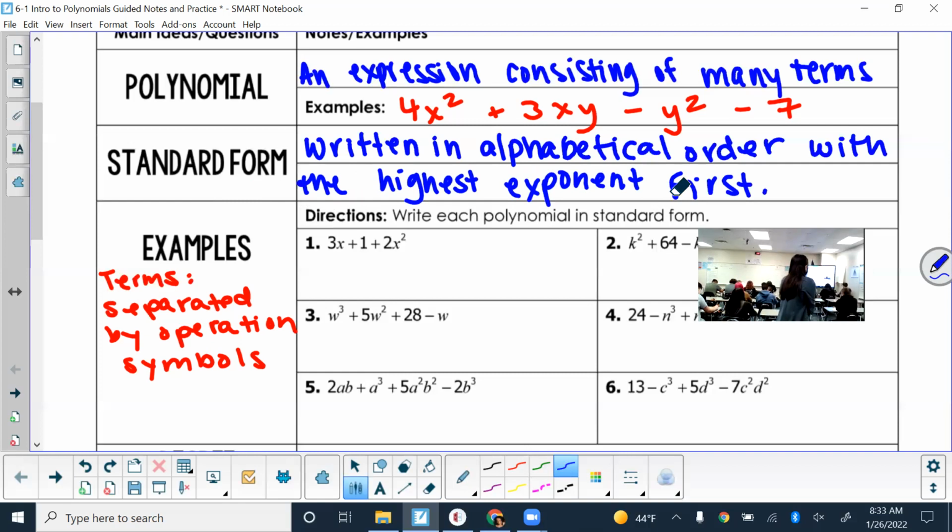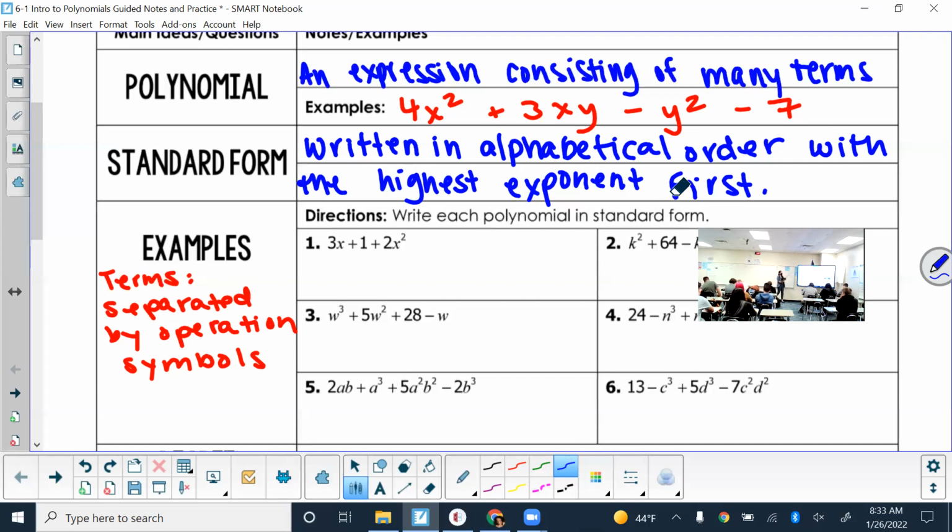So what does alphabetical order mean? Like if I told you to put cat, dog, and fish in alphabetical order, which one would come first? Cat. So like how they appear in the alphabet is the order that you write them in.